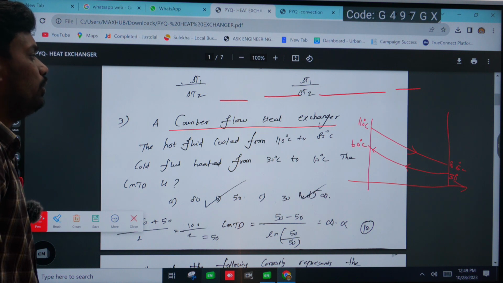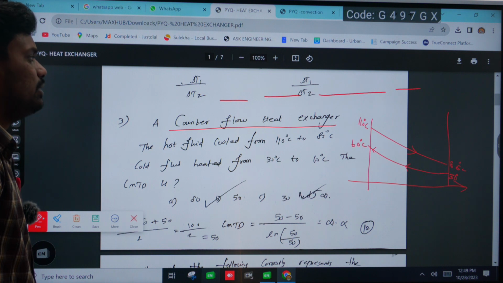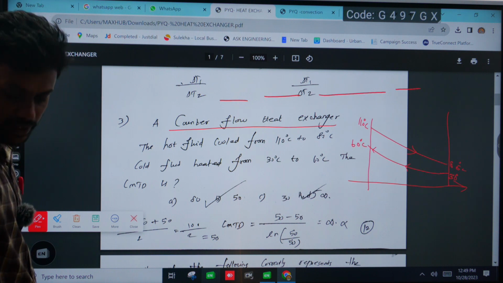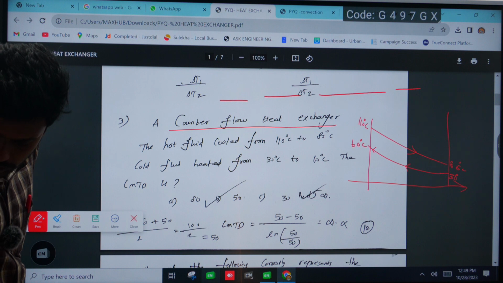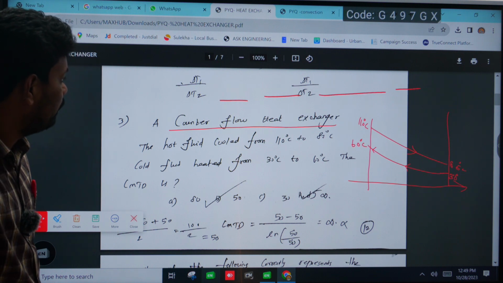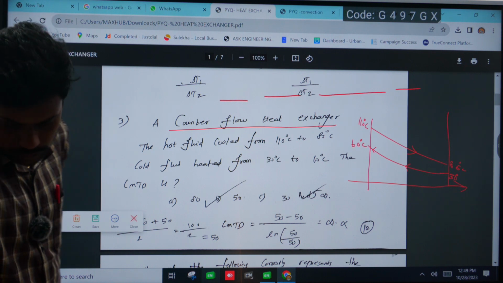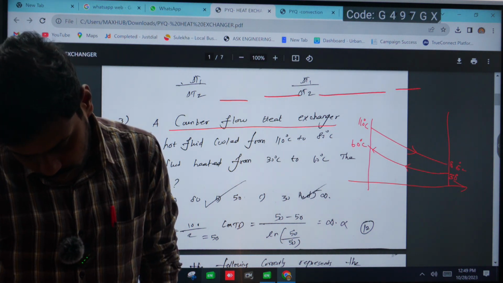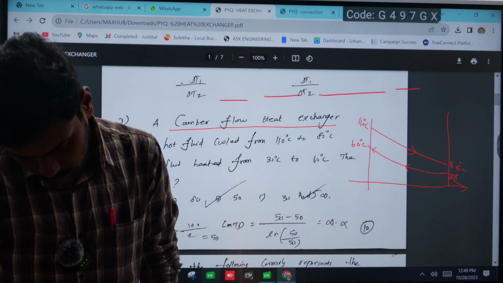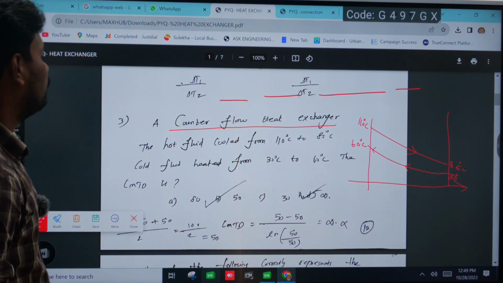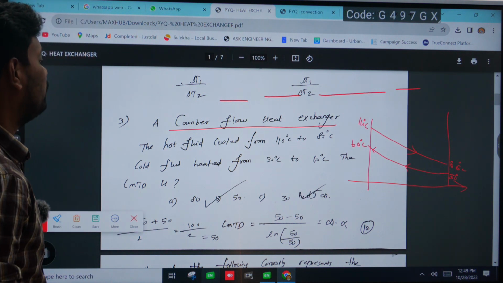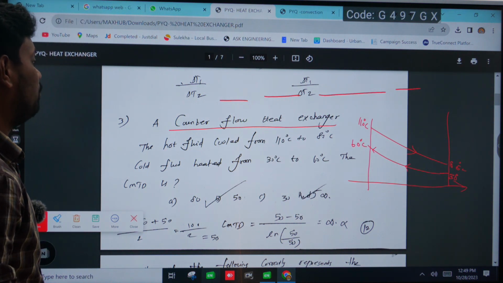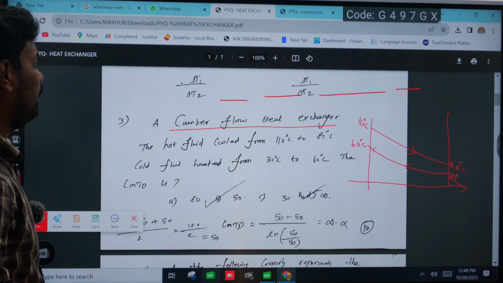Okay. Now 110 minus 85, sorry, it is not 110. If you substitute that in the equation, then you will get the answer as 50. Okay.